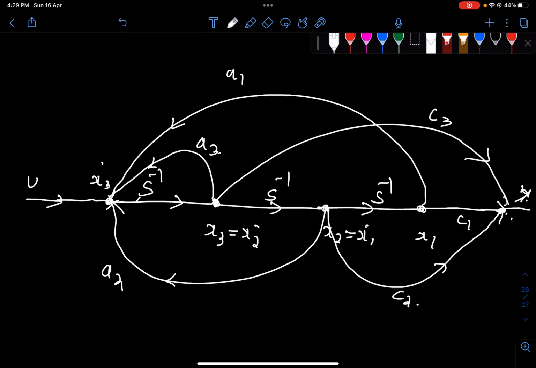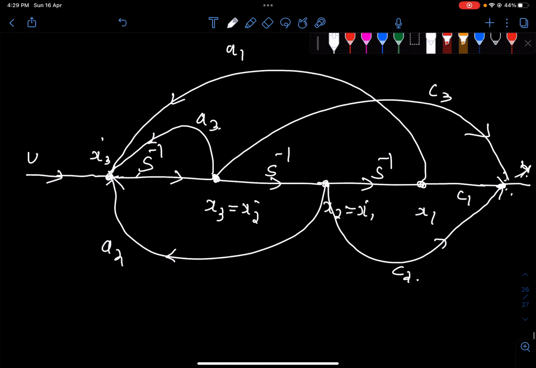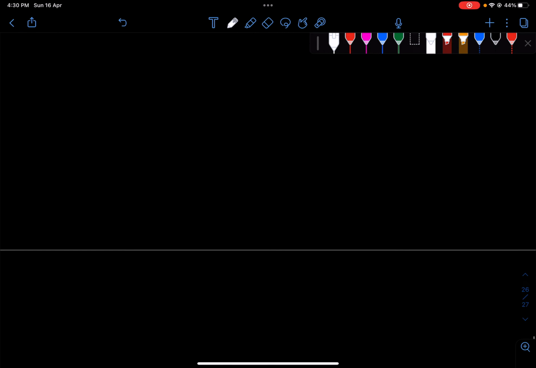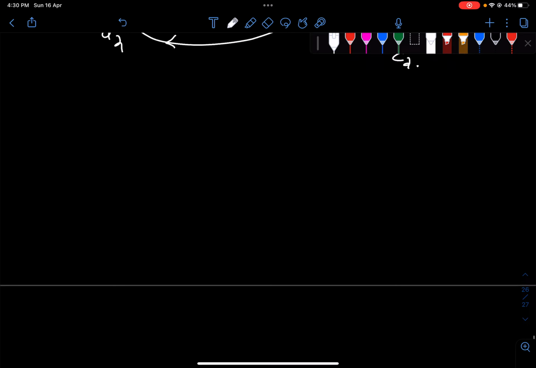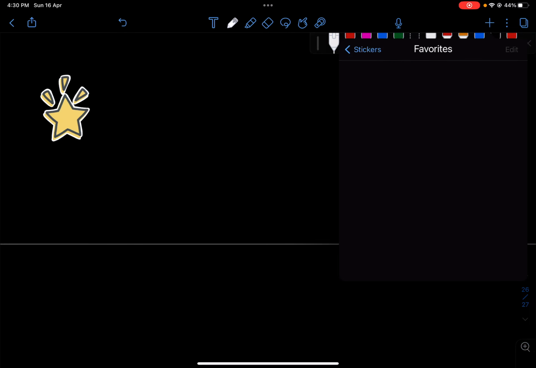Then you find the output: c1 times x1 plus c2 times x2 plus c3 times x3. So from x1 we have gain c1, from x2 gain c2, and from x3 gain c3. That is how we convert to the signal flow diagram. The next thing is the reverse, that is what?